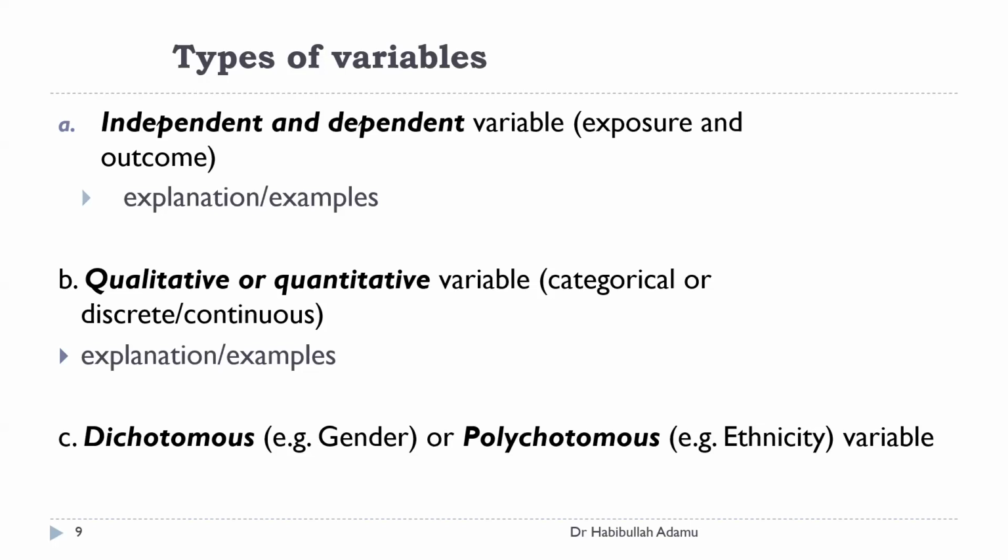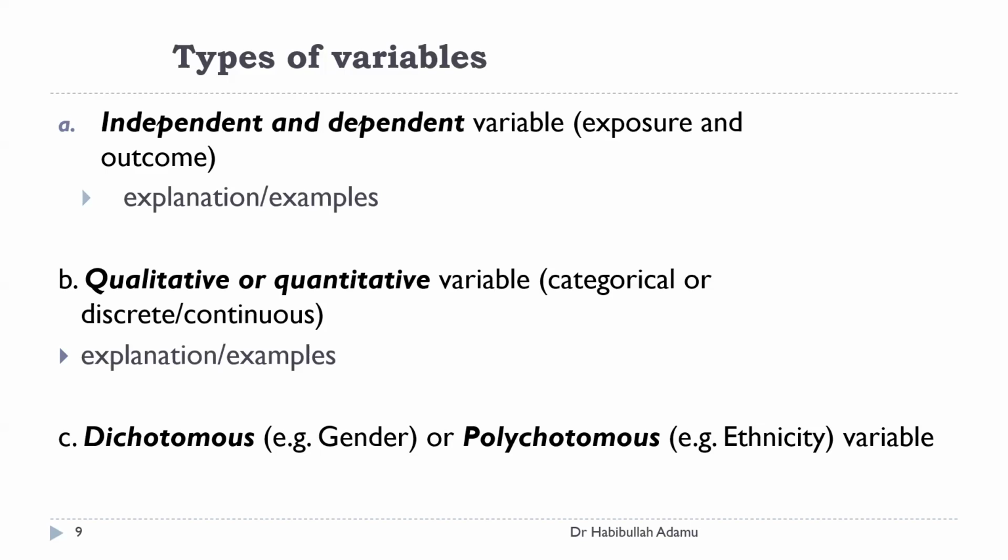A dependent variable in its simplest practical form is that variable whose value or outcome is determined by another variable. So if you have two variables, A and B, the value of variable A, for example, is determined by variable B. That means variable A is the dependent variable. For example, if we take skin color, we know it can be determined by several factors. One of such factors is genetic factors.